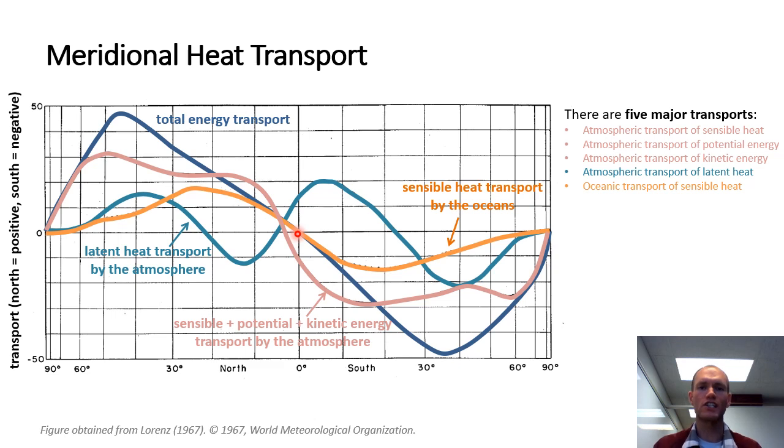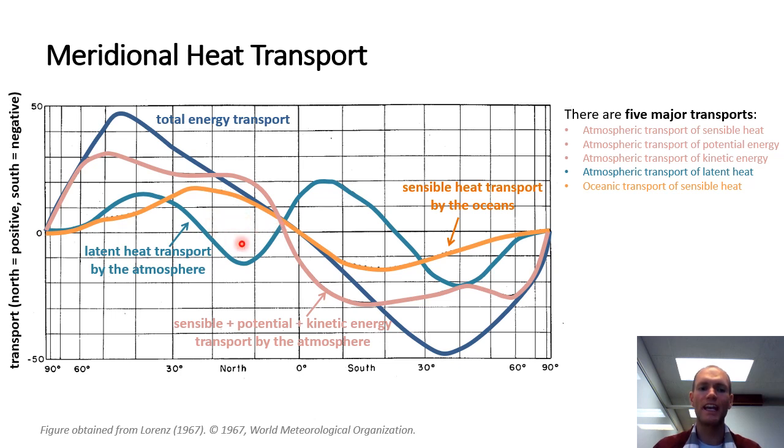On average, the center location of its ascent typically skews ever so slightly north of the equator in the annual average. But the latent heat transport by the atmosphere is quite a bit different from those other two. It too crosses zero off of the equator, roughly at the same place as the sensible, kinetic, and potential energy term does.